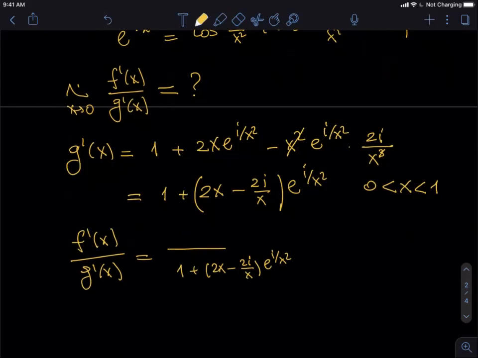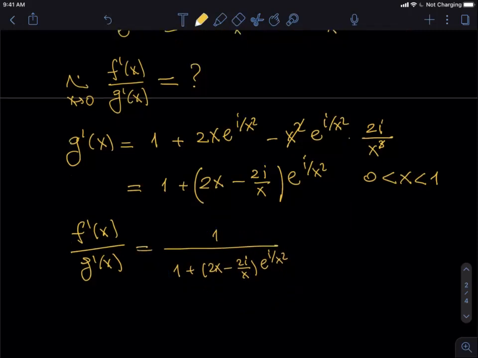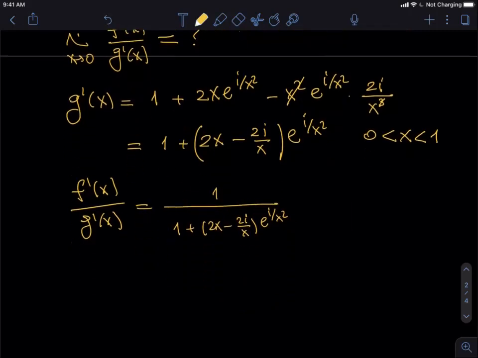And I don't know about you, but I don't see very clearly what the limit is in this case. So we are going to do a little estimate here. Usually when you have complex stuff, it's always easier to work with the absolute value, the modulus.